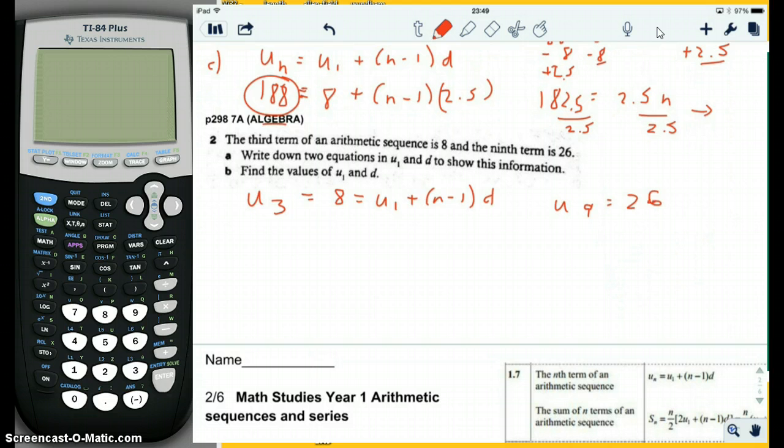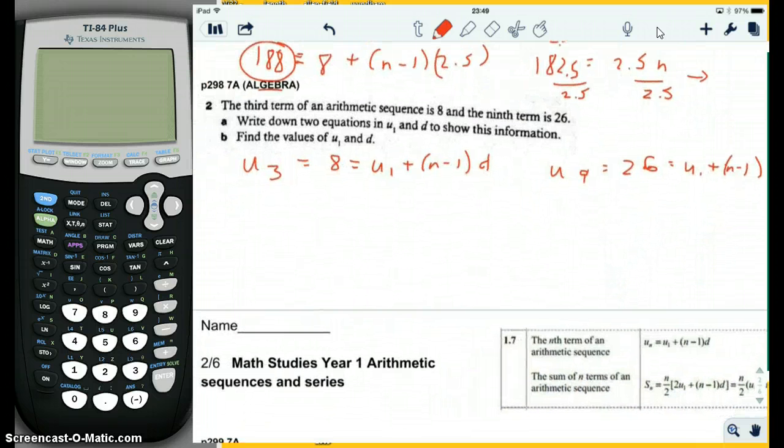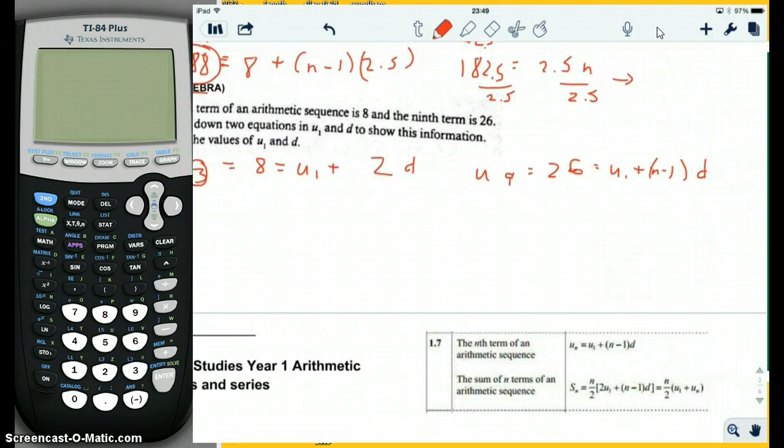And 26 is equal to u1 plus n minus 1 times d. And remember, we don't know what d is yet, but we do know n in each case, right? Because n here is 3. So instead of n minus 1, we could put 2. And this one, n is 9. So instead of n minus 1, we could put 8.